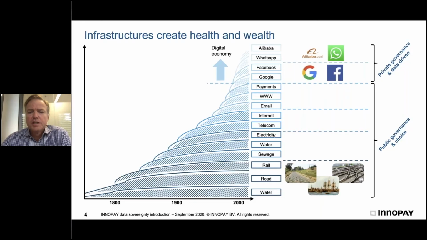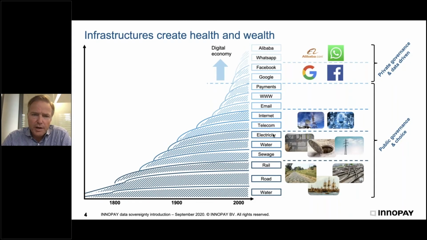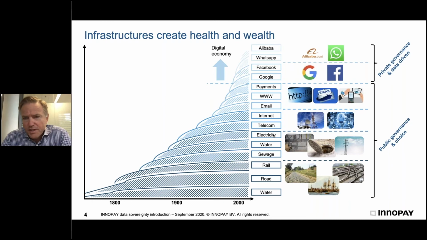Because infrastructures are extremely important for our health and wealth. And we are very used to infrastructures in the physical world. Think of roads, the Autobahn was already mentioned, but also sewage, electricity, water, and telecommunications, including payments. But for the digital economy, something interesting happened: these infrastructures are basically fully privately owned, whereas the previous infrastructures have a public and private component, which was also mentioned previously.